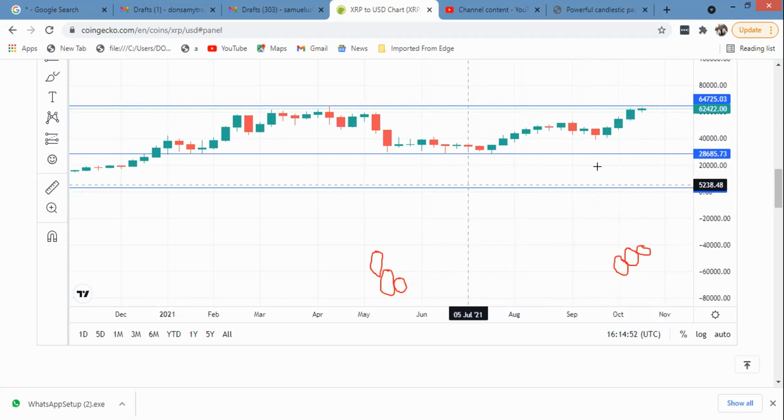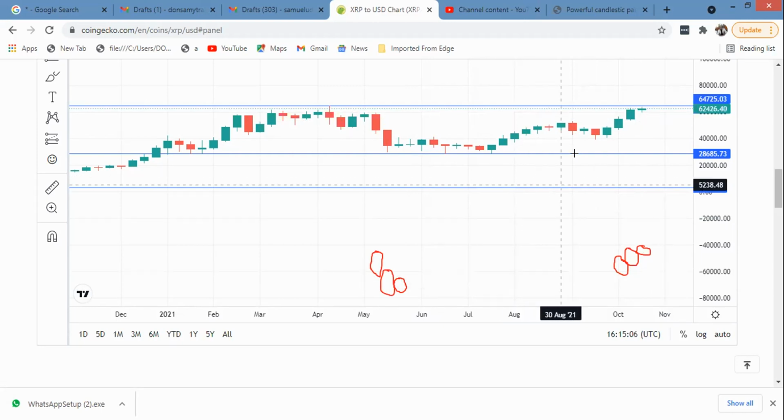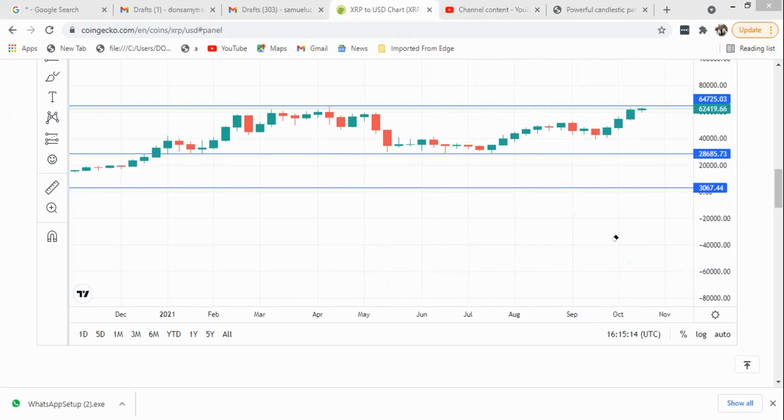Okay, I will also show us something now, and that is what is going to happen to BTC next week. Okay, so this is for 1 week. Each of these is for 1 week.